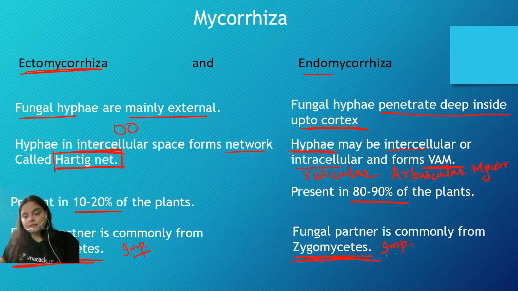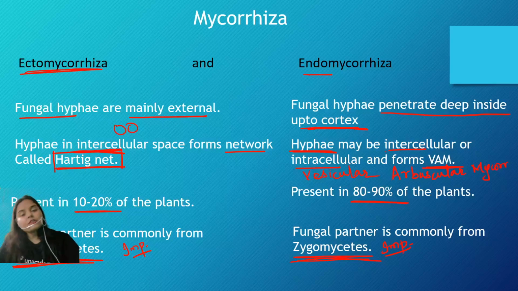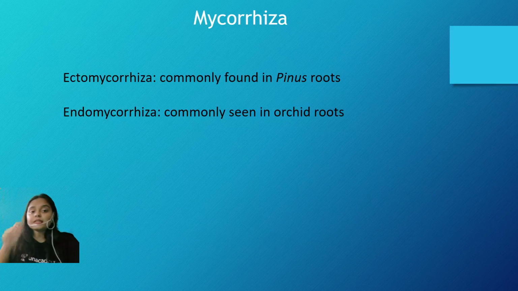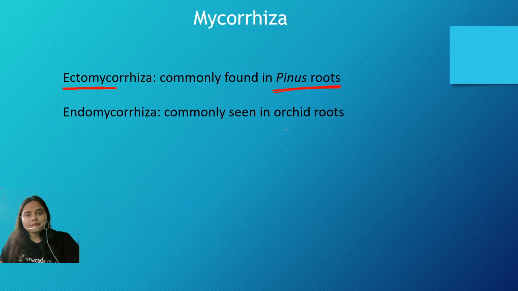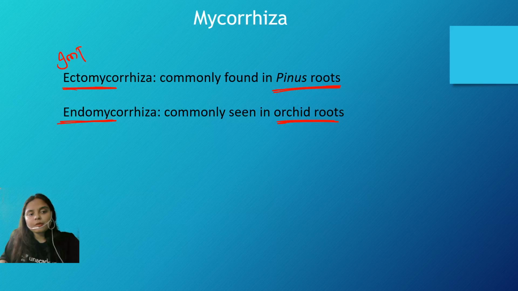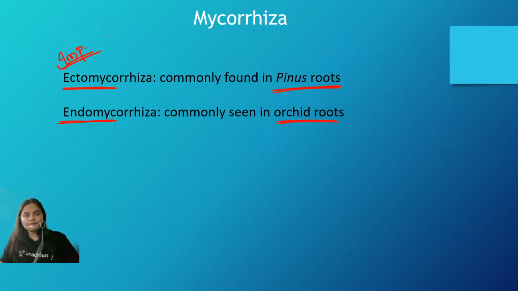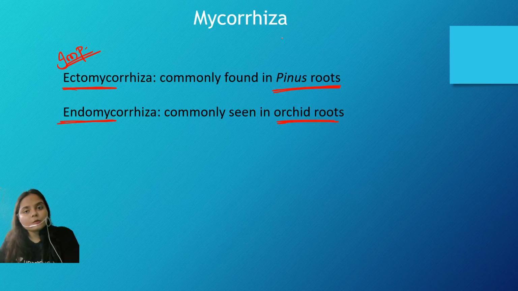So these are the two types of mycorrhizal association which are found. Now there are certain common examples found in nature, for example Pinus and orchids. In the Pinus root, ectomycorrhizal association is seen, whereas in the orchid root, endomycorrhizal association is seen, and both examples are important from the examination point of view. So now the mycorrhizal association is clear to us.